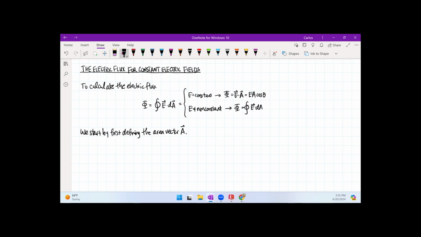So the area vector can be broken down into similar unit vectors as we deal with Cartesian components. That is similar to Cartesian unit vectors, where we have i hat and j hat.